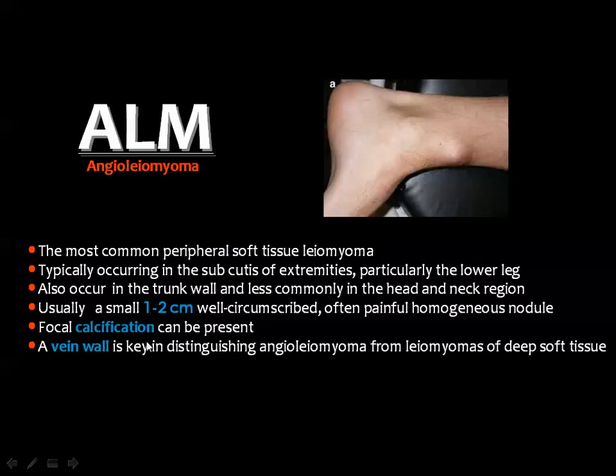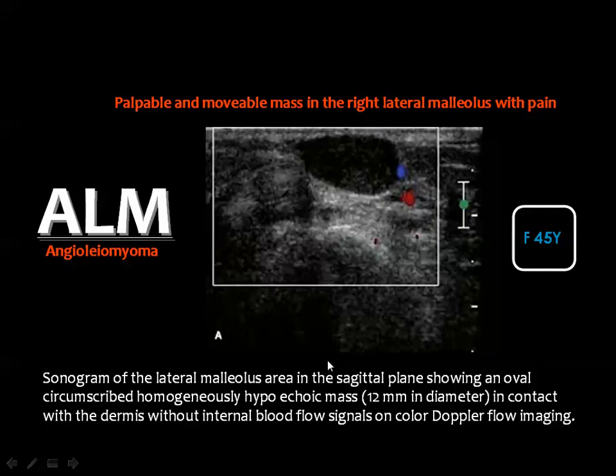Some calcium can be present in the tumor, and you can see a vein that is going to the tumor through the subcutaneous tissues, and this is considered one of the differentiating criteria.